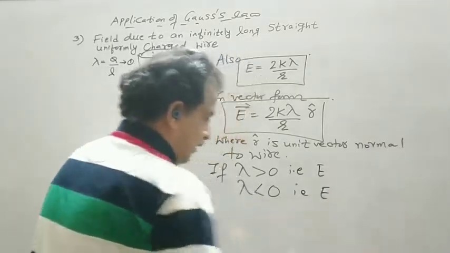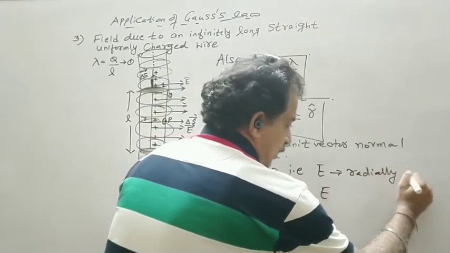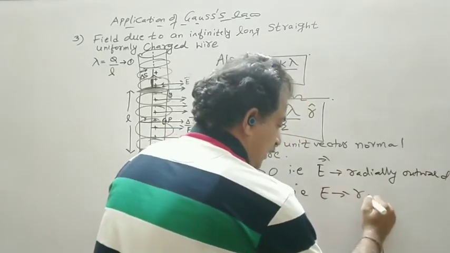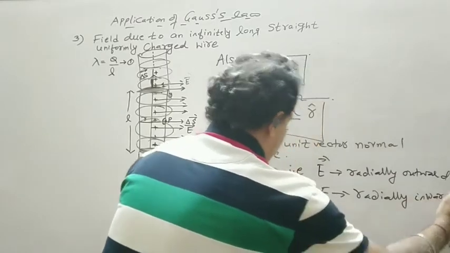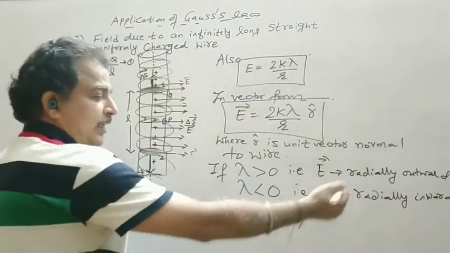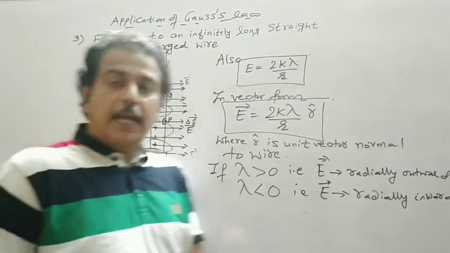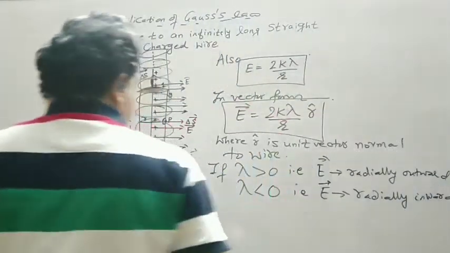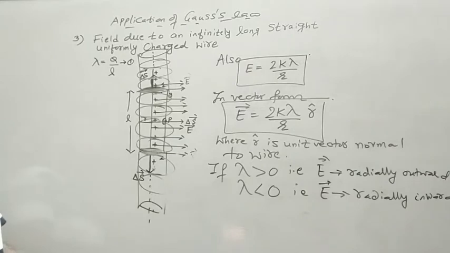Let us write this: E radially outward, and this will be radially inward. So if lambda is less than 0, E will also be less than 0. So this is the application of the Gauss law. This is the last application of the Gauss law.